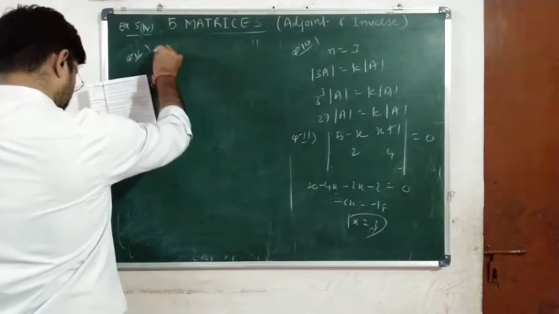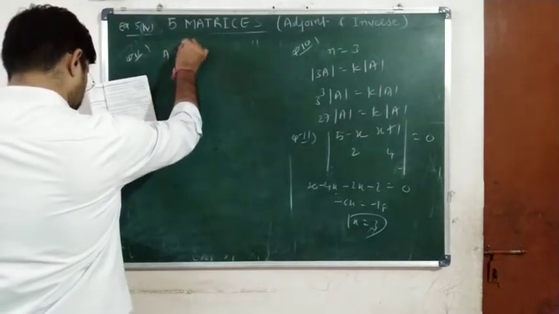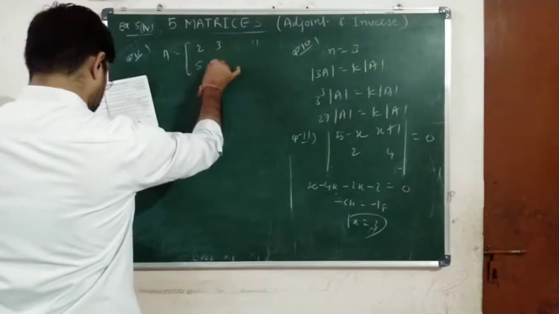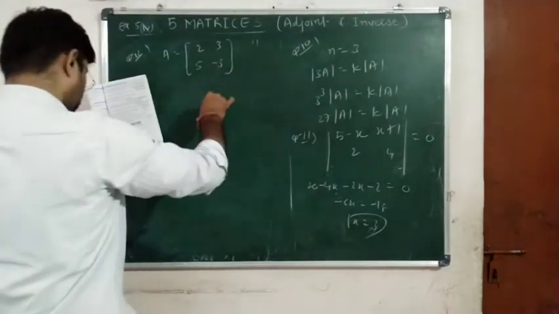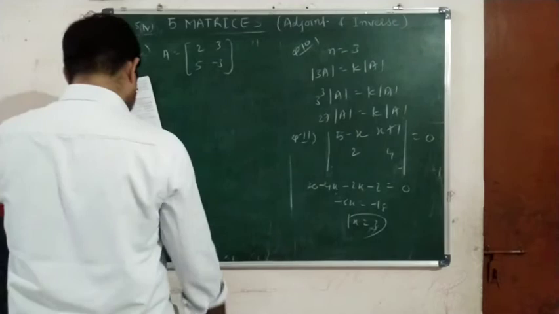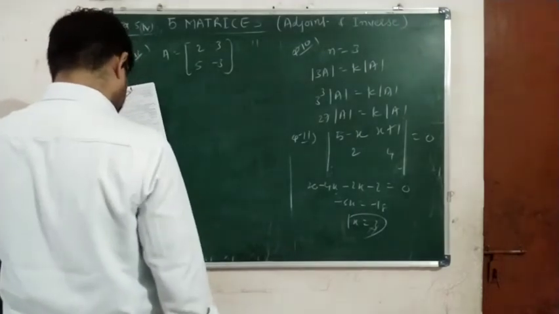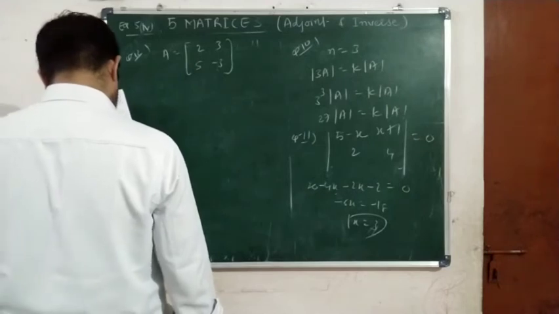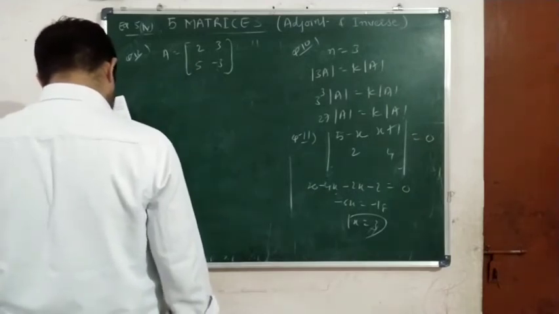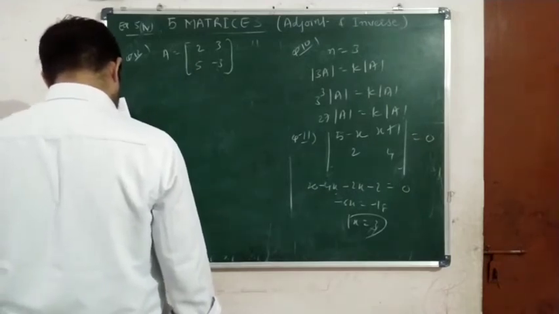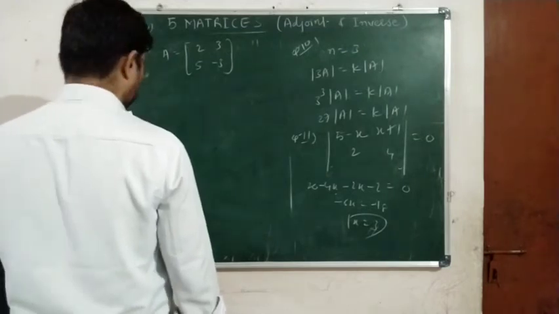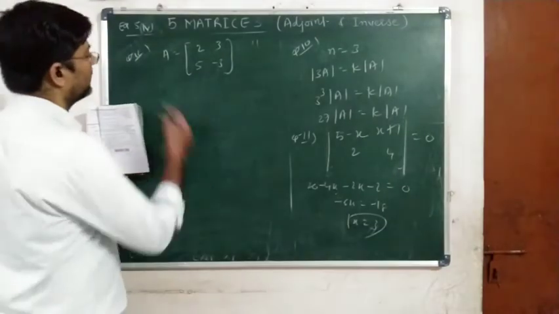Question number 12. Okay, now writing A inverse is easier for a 2 by 2 matrix. Okay, write A inverse in terms of A, okay, no problem, let us write down.